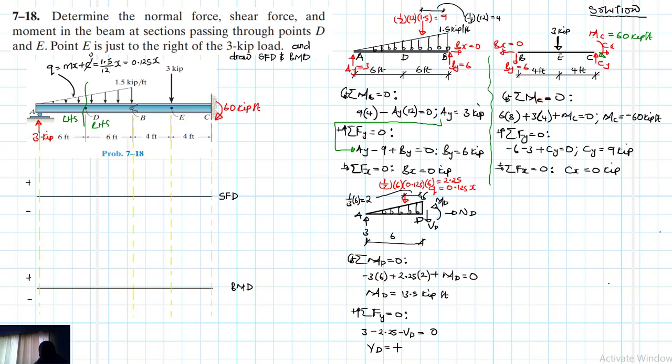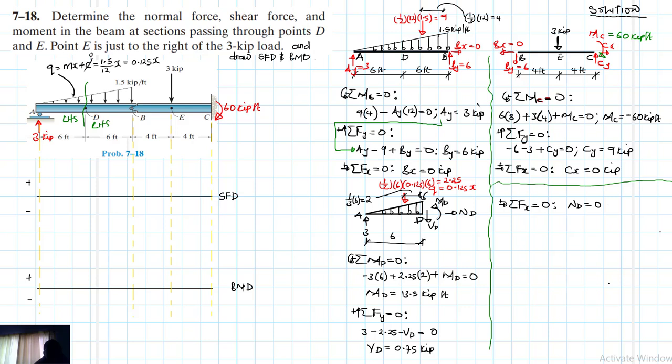So this gives us 0.75 kip. Okay, and then let's find the other one, which is summation of forces in the X equal to 0. We know that our ND is just equal to 0.